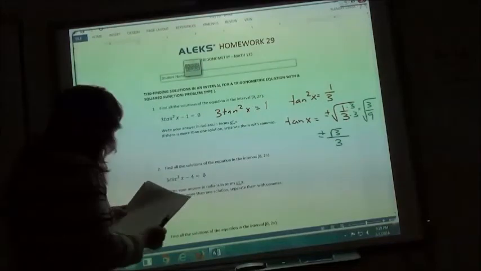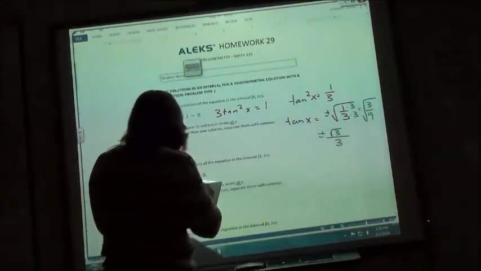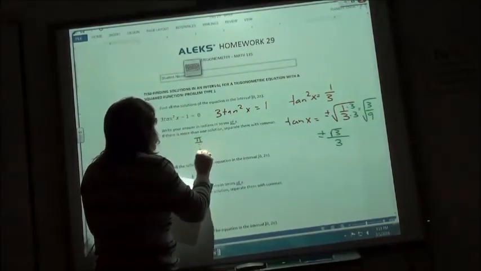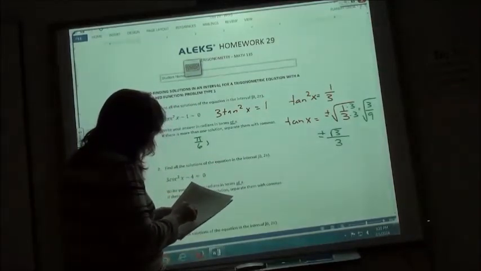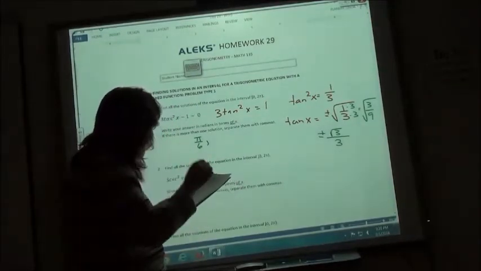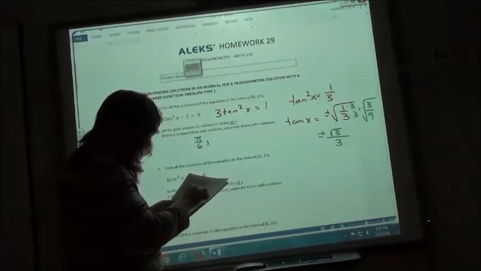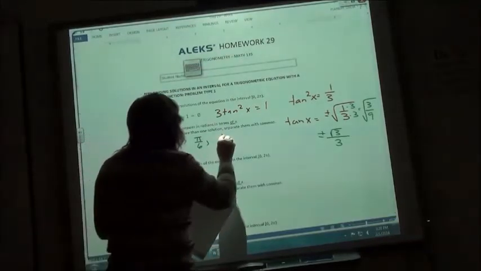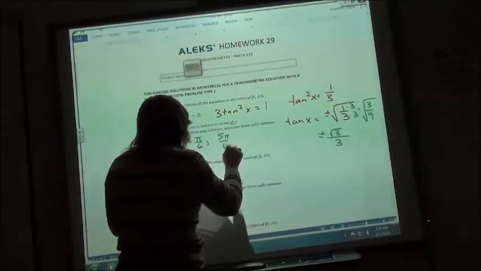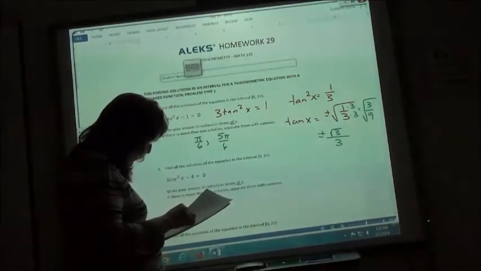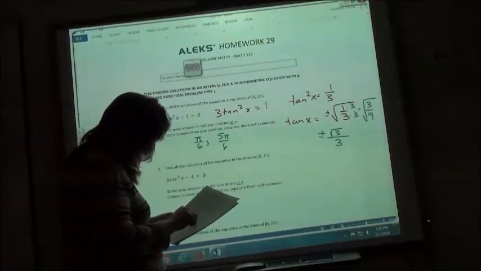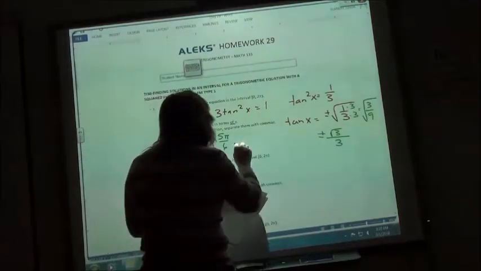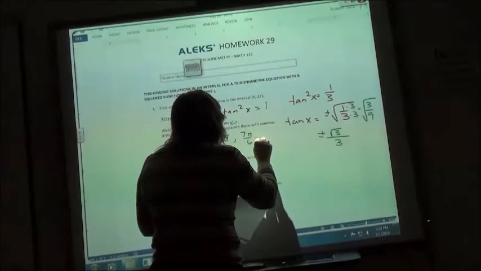So under my tangent column, square root of 3 over 3 is at pi over 6. If I keep going down, negative square root of 3 over 3 is at 5 pi over 6. If I keep going down, I keep moving to cosine instead of tangent, positive square root of 3 over 3 is at 7 pi over 6.